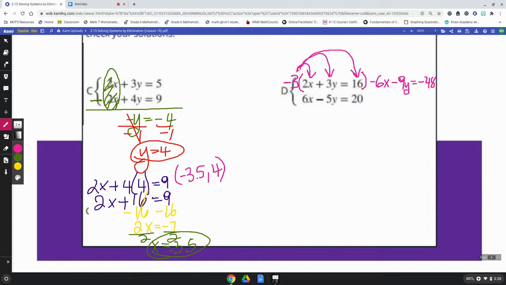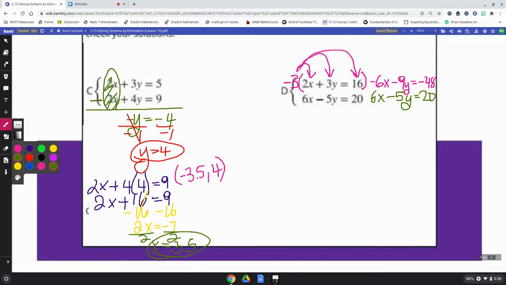So I'm using this in place of that because it's equivalent. Now I rewrite my original second equation, and there's no need to multiply that.